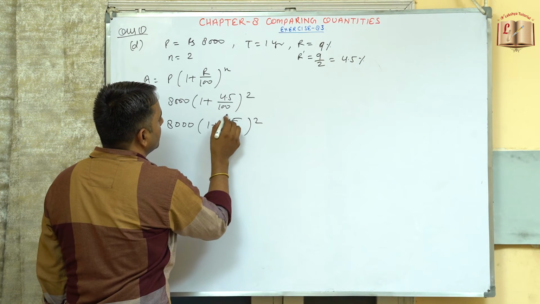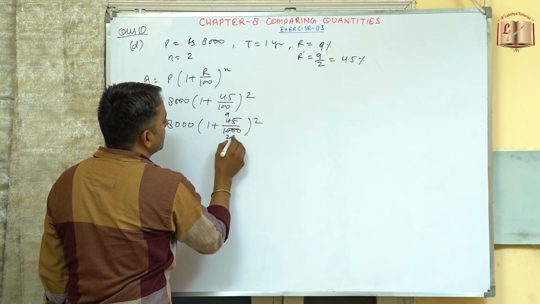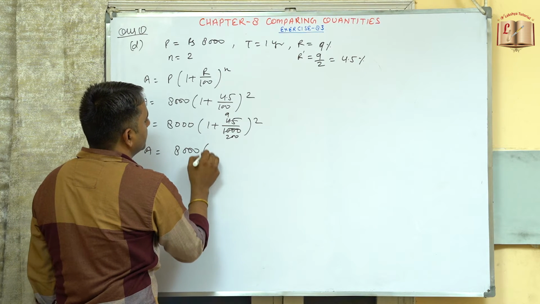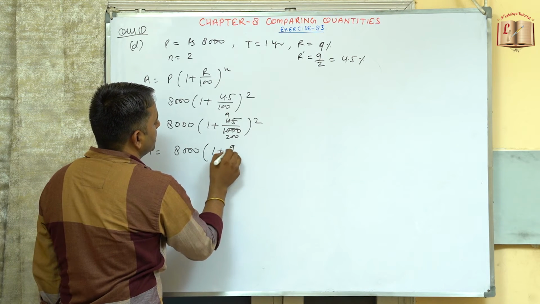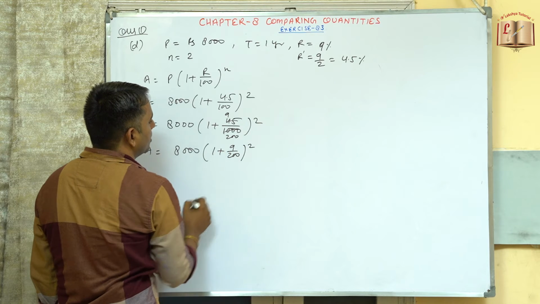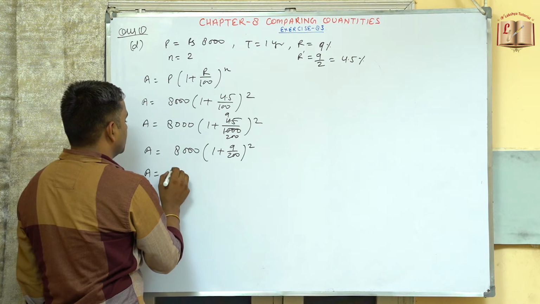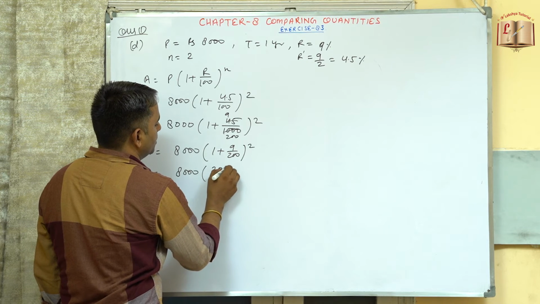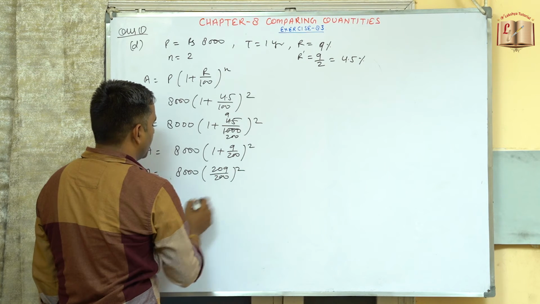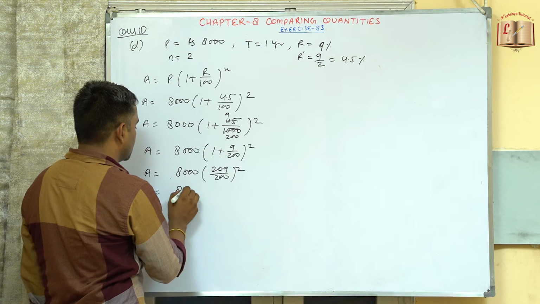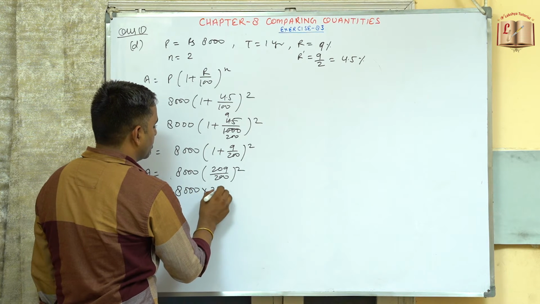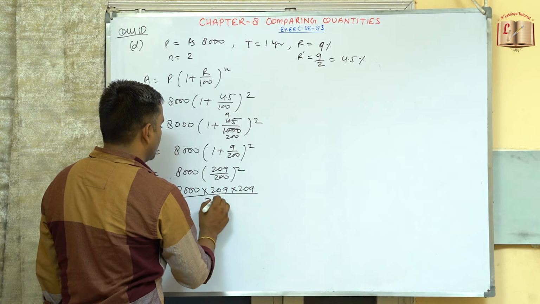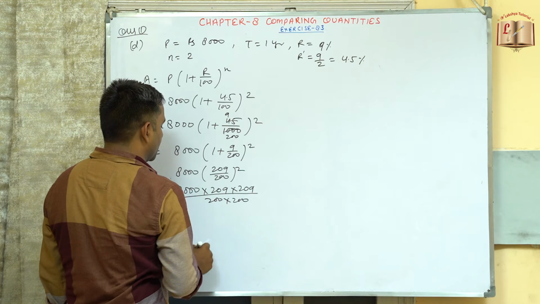So A equals P, which is already given as 8,000, then 1 plus 4.5 divided by 100 to the power n, n is 2. So A will be equal to 8,000 times (1 plus 45 by 1000) to the power 2. Now this simplifies to 9 by 200. So A will be equal to 8,000 times (1 plus 9 by 200) squared, which is 8,000 times (209 by 200) squared. So A equals 8,000 into 209 into 209 divided by 200 into 200.